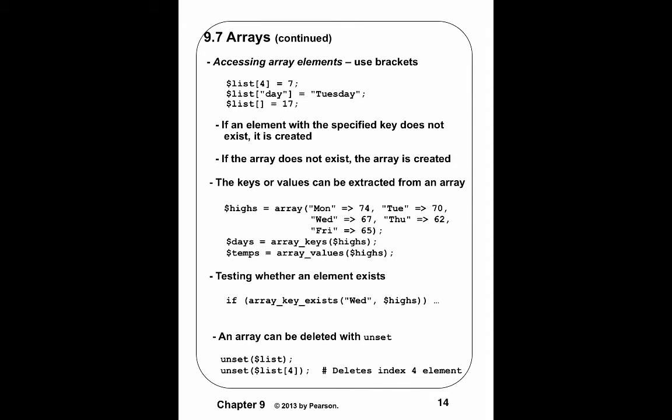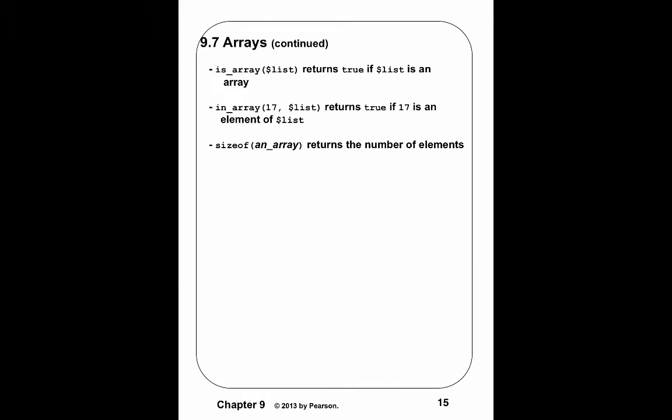You can check whether a key exists within a given array, and you can also delete an array using the unset operator. You can also delete just one element of the array. You can check whether the type of variable $list is an array. You can also check if the element 17 is within the array $list.